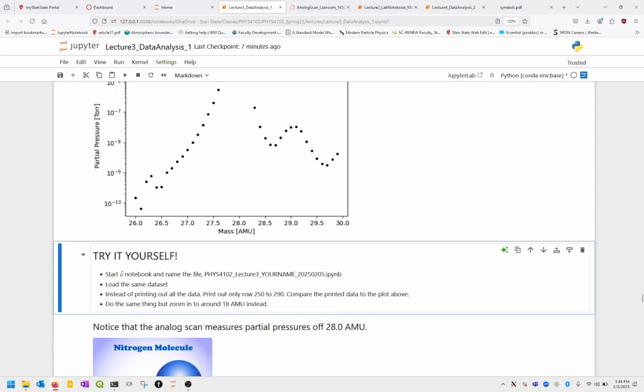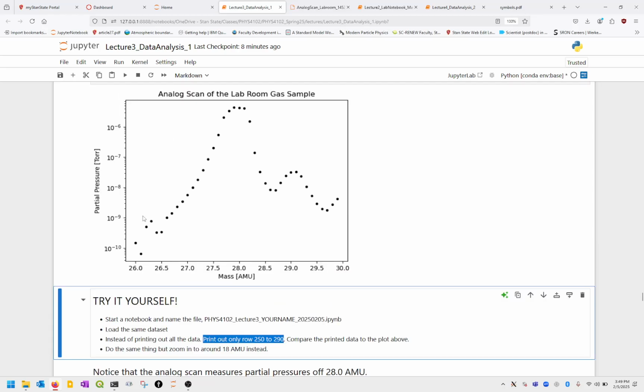So let's try this yourself. You're already working in your notebook. Load the data set. Instead of printing out all the data, can you try printing out only the rows between 250 and 290, both columns? Compare the numbers that you see to what you see up here and see if it makes sense, like in the middle somewhere you get 4 times 10 to the negative 6.